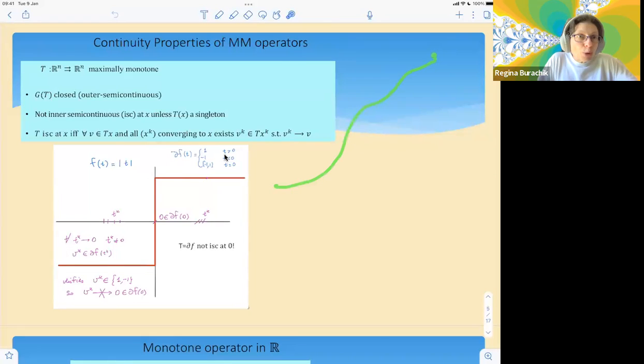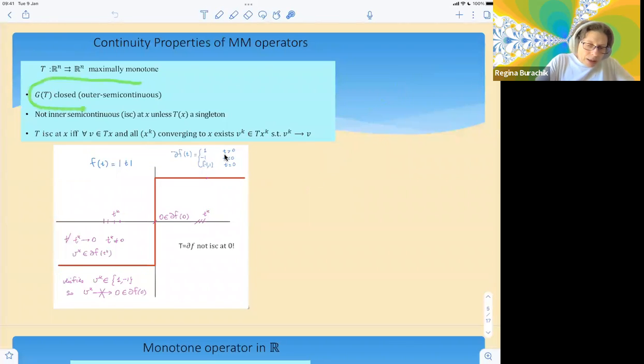idea. But topologically speaking, this means that the graph is a closed subset of the product of Rn times Rn. So this set is closed. This is one primitive idea of continuity. And that primitive idea survives in the case of point-to-set maps.